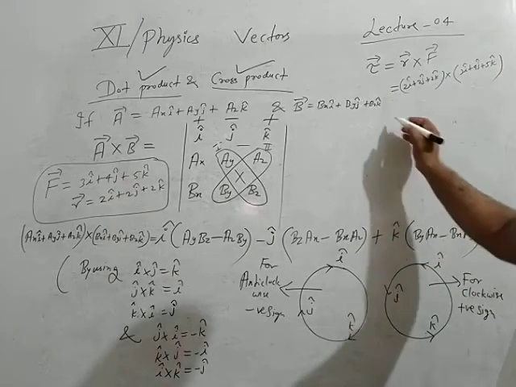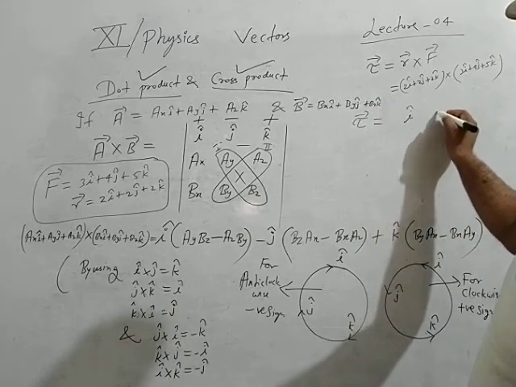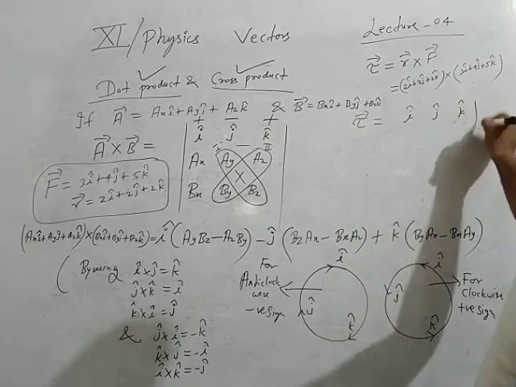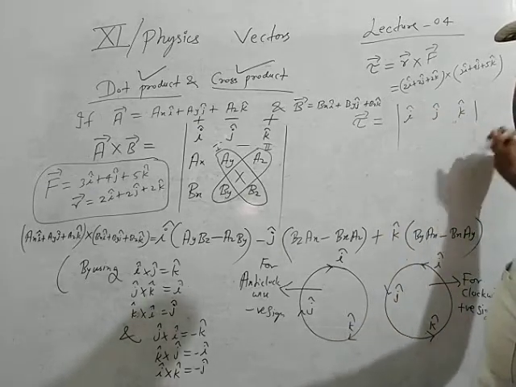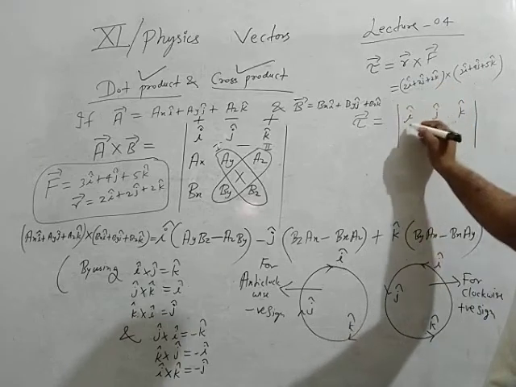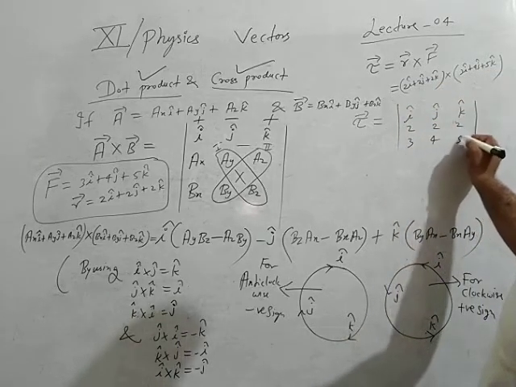Clear? So torque is equal to first i, j, k in a rectangular array, and then the values 2, 2, 2, and 3, 4, 5.